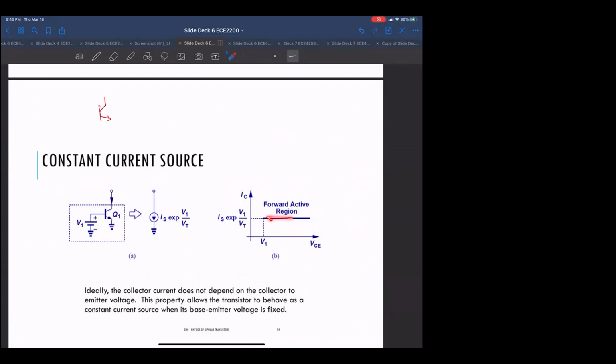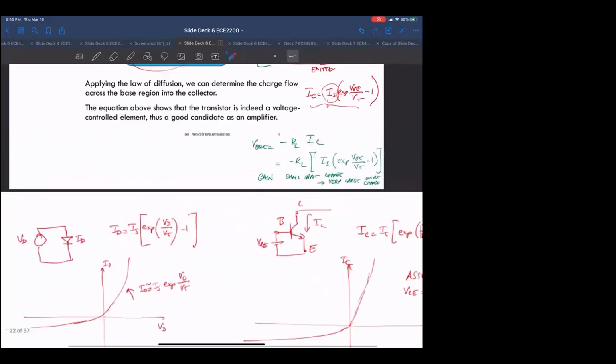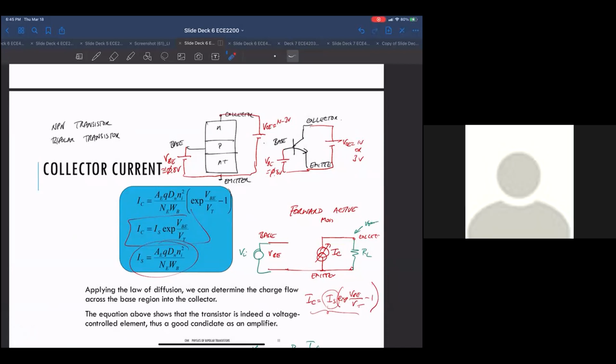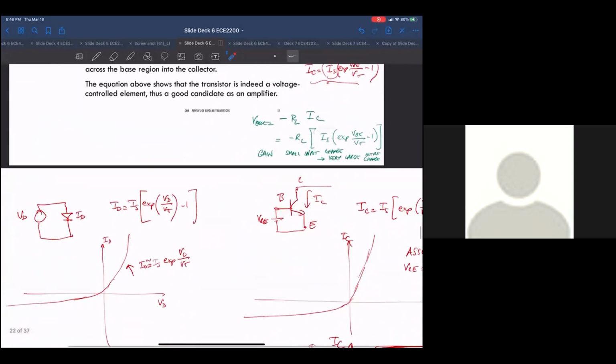But this is the relationship between I sub C and VBE. So it's very strongly dependent on the base emitter voltage, but basically not dependent on the collector emitter voltage to the first order, as long as it's in this forward active mode. Okay, that makes sense. Thank you.